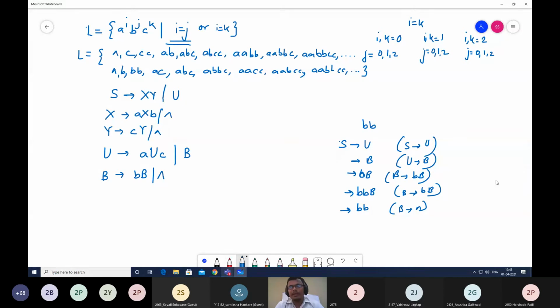Now suppose I have A's and C's in my string. I'll take one example of that form also. Suppose I have an A, B, C kind of string.